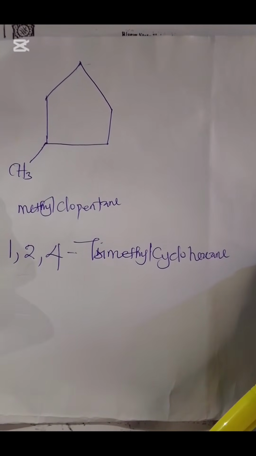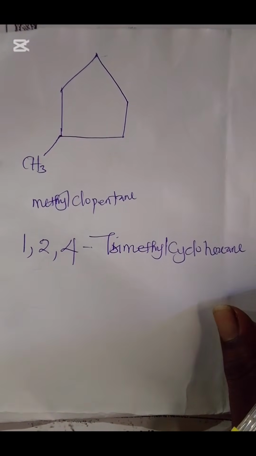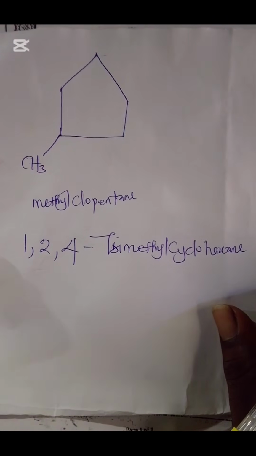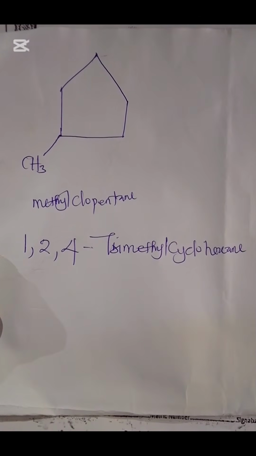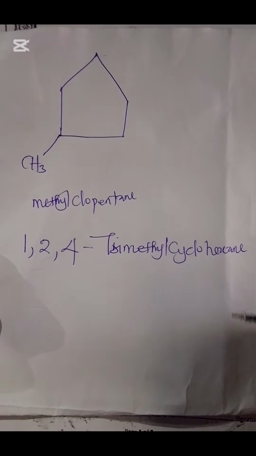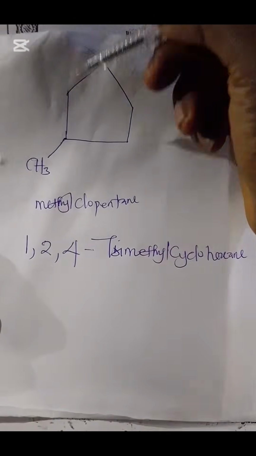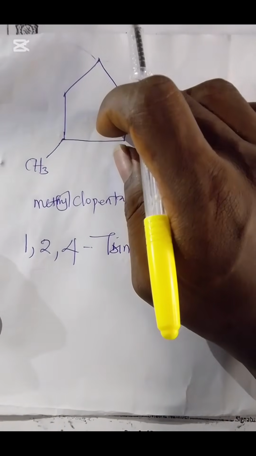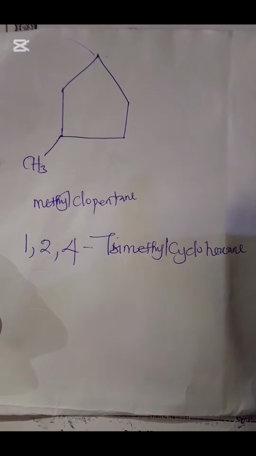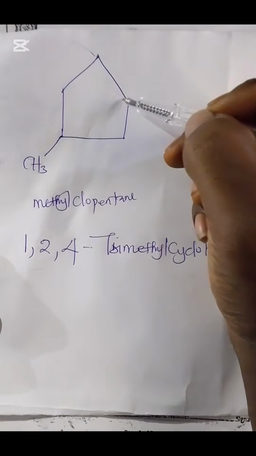Cyclohexane. The first thing we have to do is to draw the structure for hexane. And since they are saying cyclohexane, then it should be in this nature. But the difference between what we are about to draw now and this structure is that in the one that was written here, we only had 5 sides, 1, 2, 3, 4, 5.